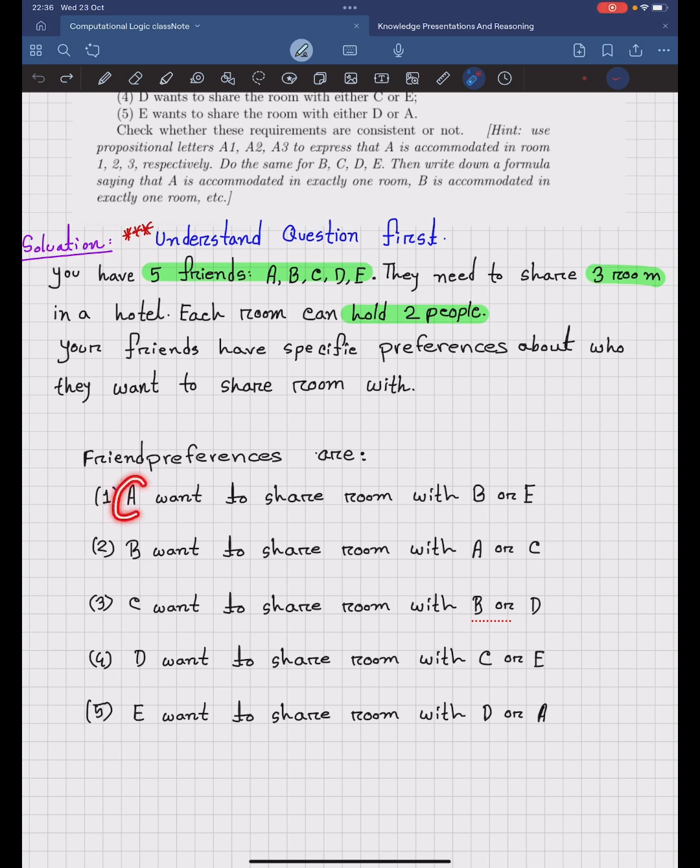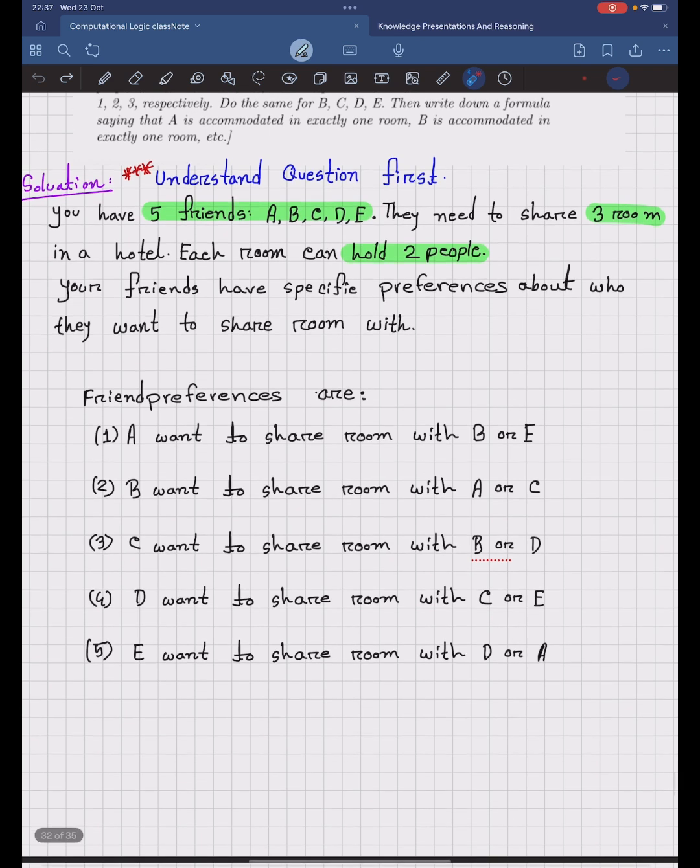So A, B, and E cannot live together. Your friend A has to choose between the two: A can stay with B, or A maybe can stay with E. He cannot stay with both together. Three persons cannot share the room.